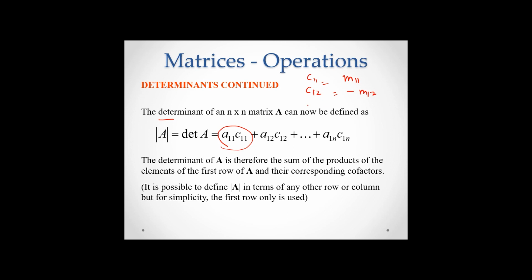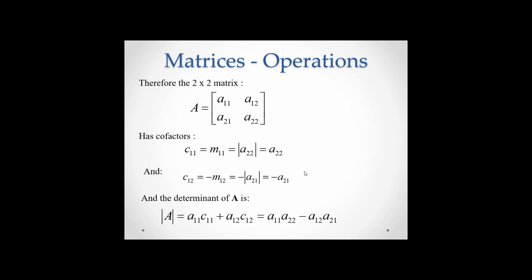Okay, as we have learned in the previous one, C13 will be same as M13, because we have the symbol that Cij is equal to -1 to the power i plus j into Mij. Okay. So we are multiplying A11 with C11, A12 with C12, and so on. So it is a sum of the products of the elements of the first row and their corresponding cofactors.